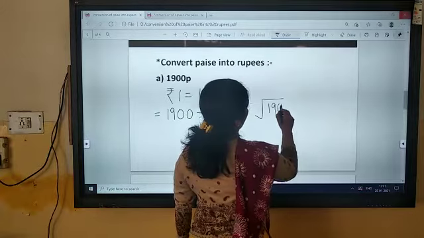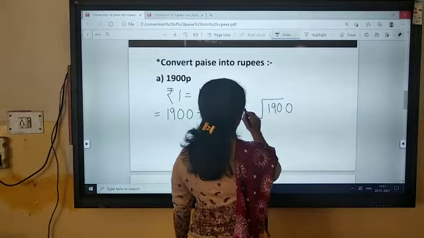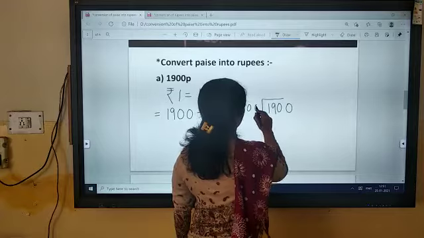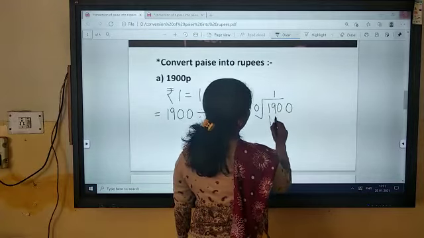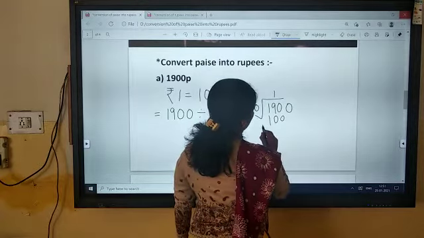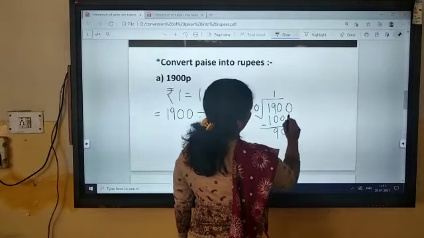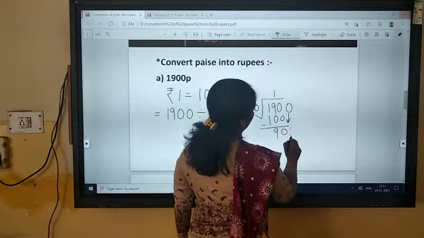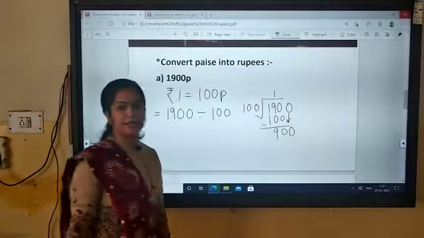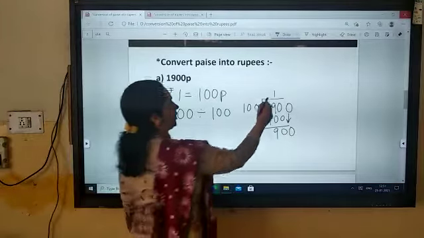1900 divided by 100. 100 ones are 100. We subtract and get 0, 9. We put down this 0, and 100 nines are 900.